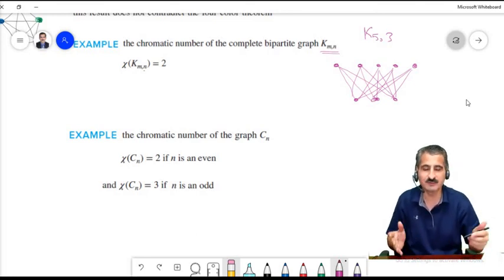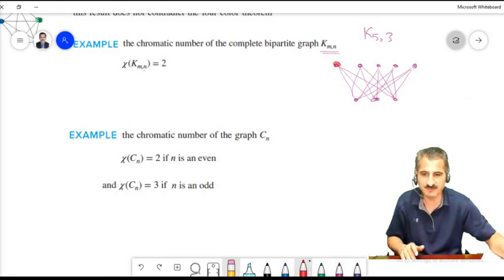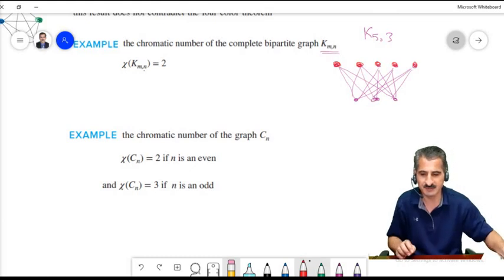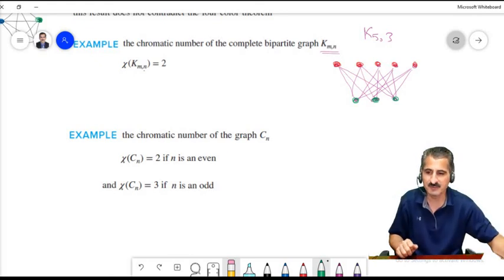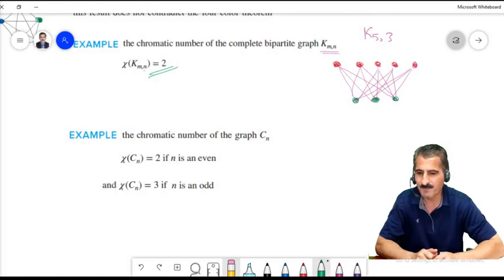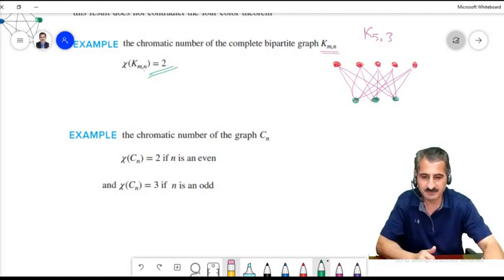So how many colors do we need? Apparently 2 colors are enough. We can give the vertices at the top the same color because no 2 of them are adjacent, and the vertices down here we can give also the same color for the same reason. So this graph is not planar, but 2 colors are enough.